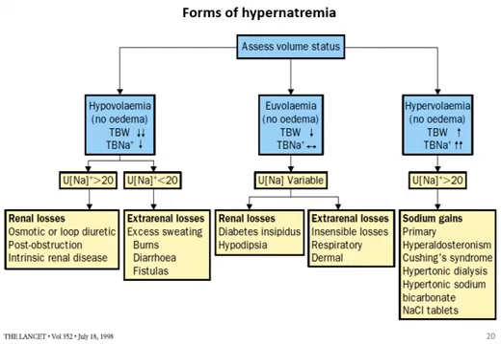In euvolemic hypernatremia, you will see just the opposite of the euvolemic hyponatremia. While in euvolemic hyponatremia, the overactivation of vasopressin secretion was the primary problem, here diabetes insipidus is the most important reason, or in some instances hypodipsia.